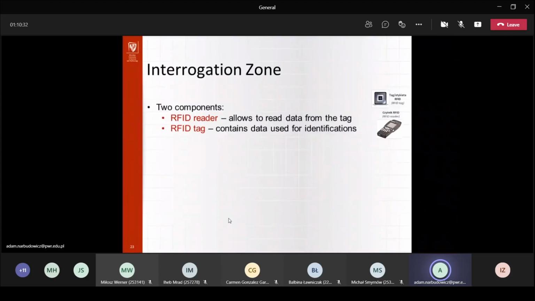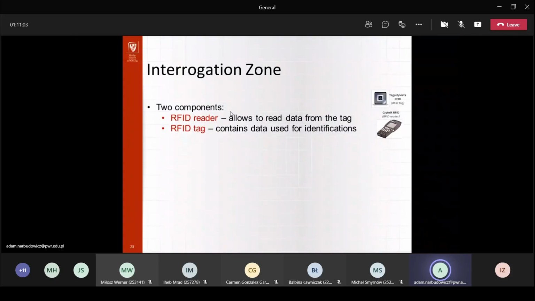Sorry, I explained that first in the reverse direction. So here I start with the tag, which contains the data used for identification, hence RFID. And then the reader is the device that allows reading of the tag. So the reader would be mobile payment terminals, or a lock to open the door.